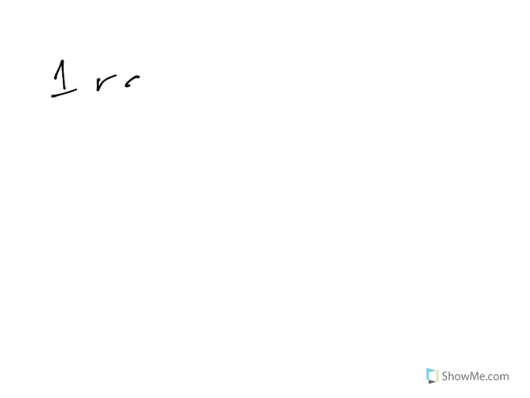So 1 radian is equal to 180 over pi degrees. And if we know this, we can convert degrees to radians pretty easily.